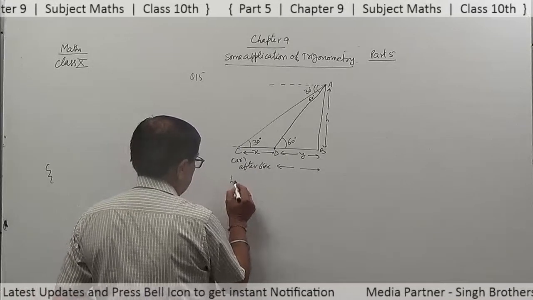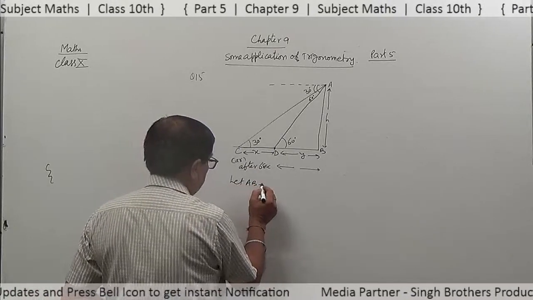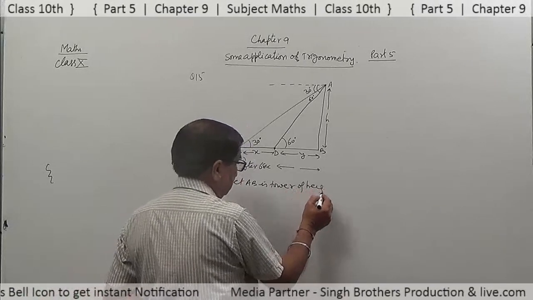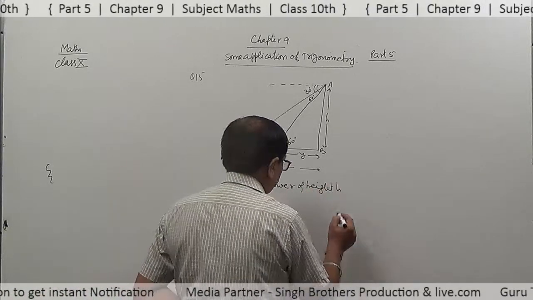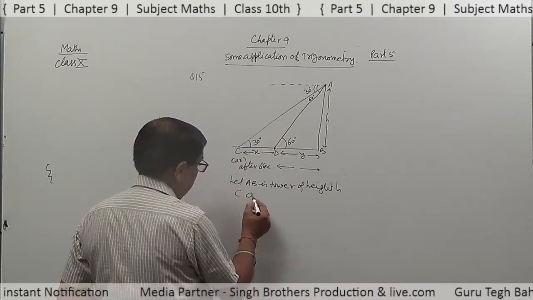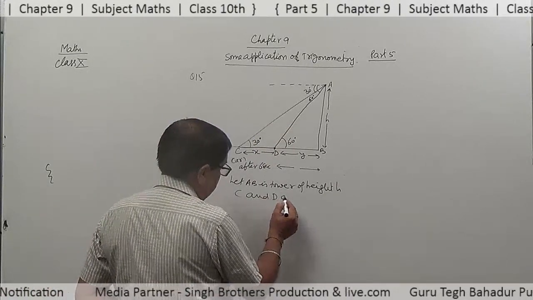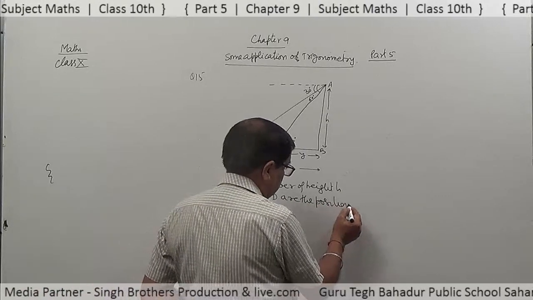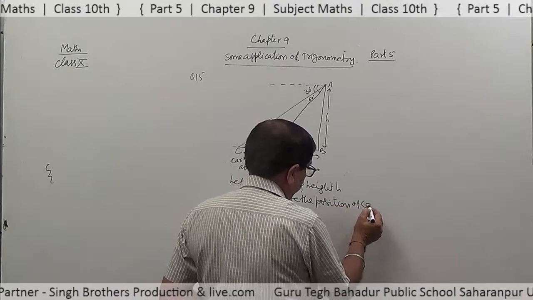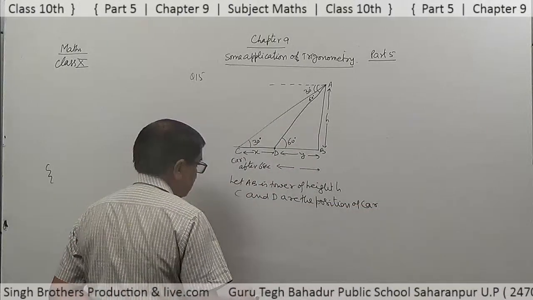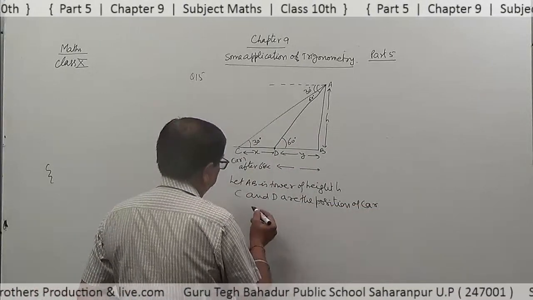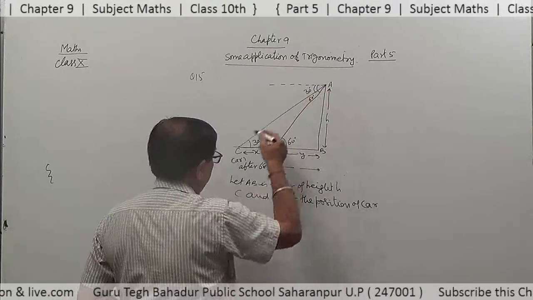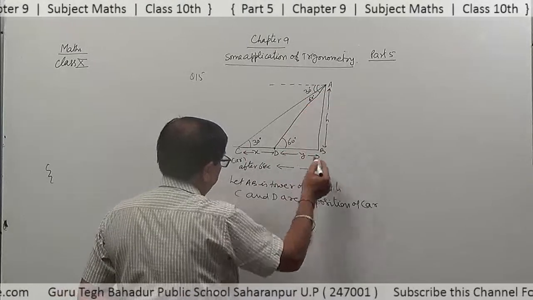Let AB be the tower of height h, C and D are the positions of the car, in triangle ADB.